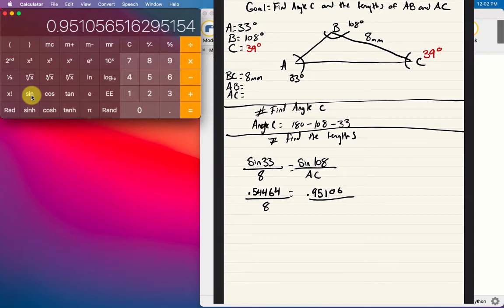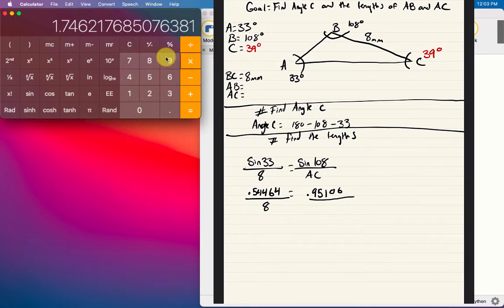So now what we're going to do is divide these and multiply this. That's how I've always done it, but there's always more than one way to solve things. 0.95106 divided by 0.54464 gives us 1.7462 and so on.